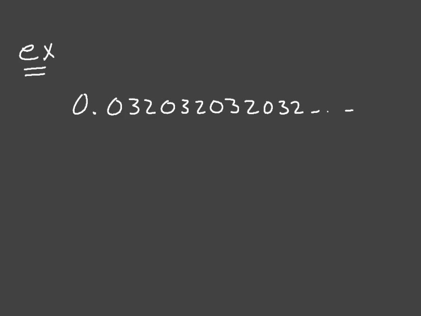Well, starting in the same way that we did previously, we can definitely see that there are three digits that repeat. That's 0, 3, and 2. And so we're definitely going to use the fraction with three 9s. In other words, one thing's for sure, we're going to be using 1 over 999.